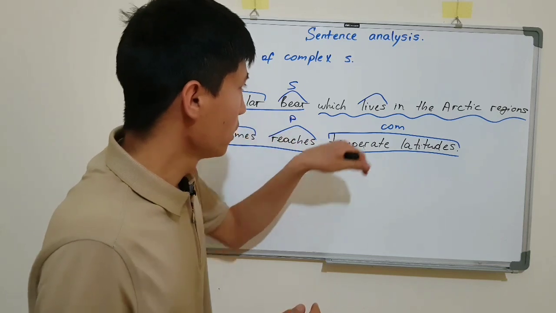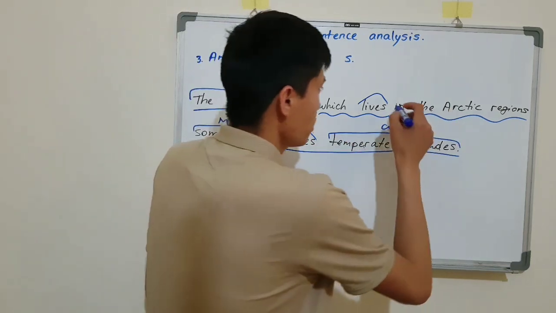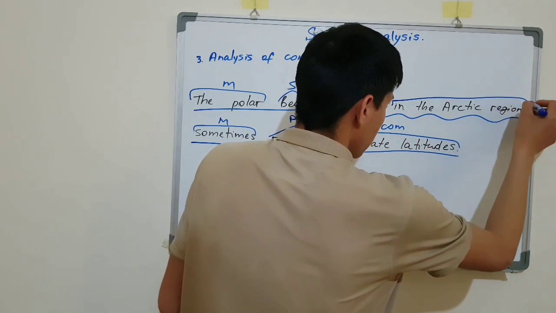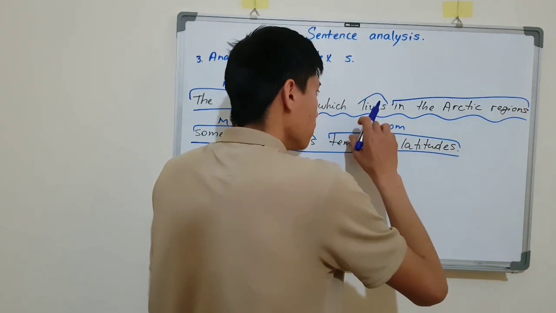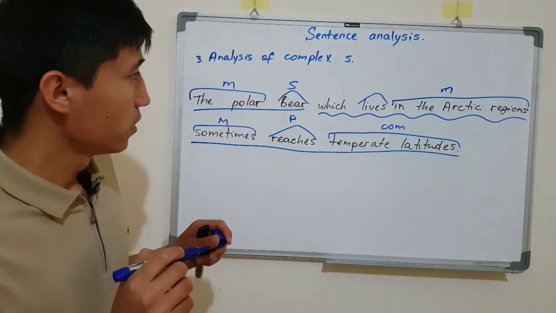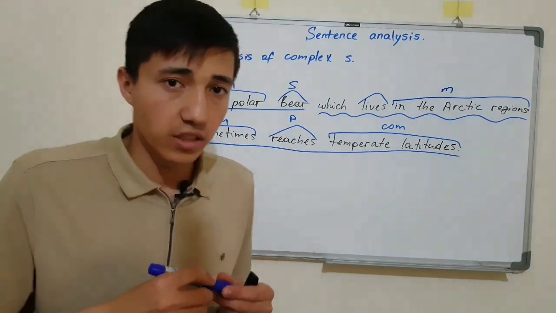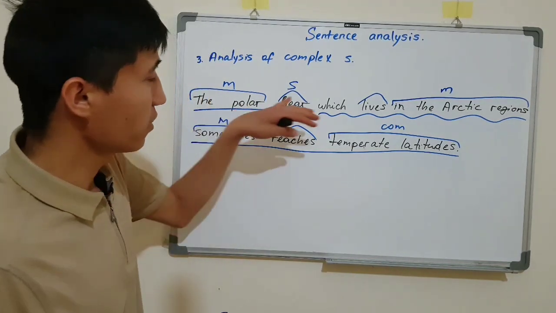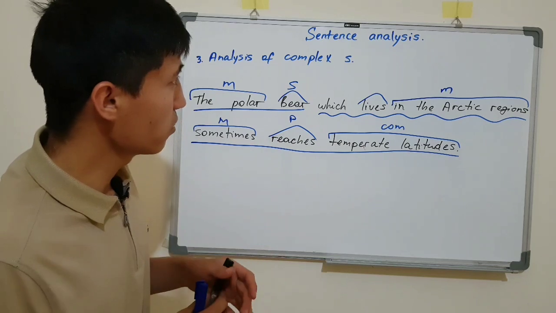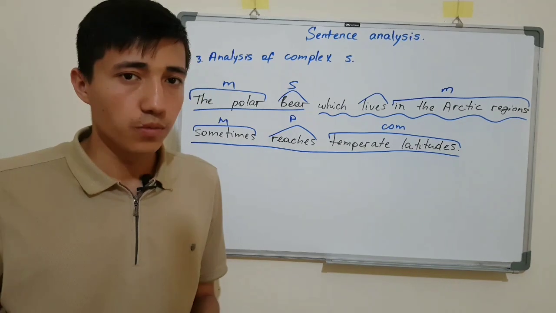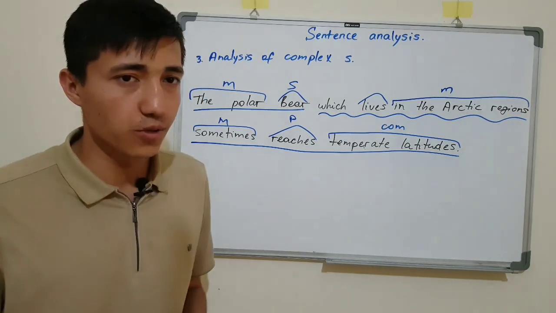The word bear. And in the Arctic regions is a what? Modifier. Modifier of what? Predicate. That's the analyzing of complex sentence. I hope you learned something useful today.